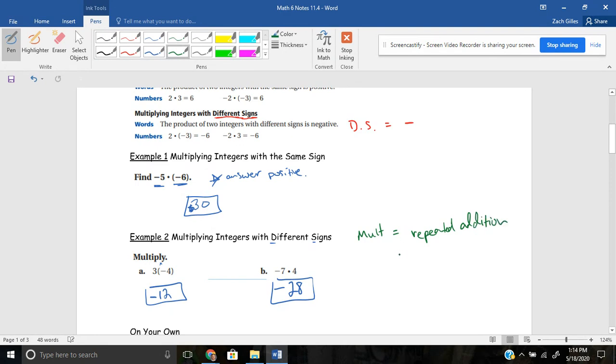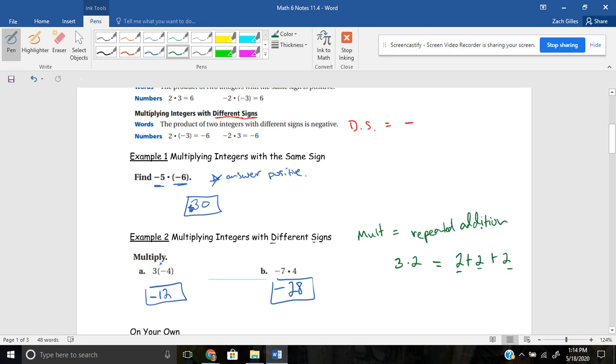So if I think about 3 times 2, that is 2 being added 3 times. That's the same thing as 2 plus 2 plus 2, 3 twos being added together. And 2 plus 2 plus 2 gives you 6, which is the same thing as 3 times 2.